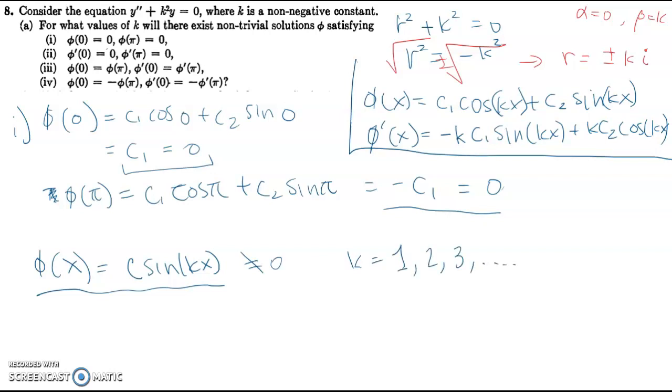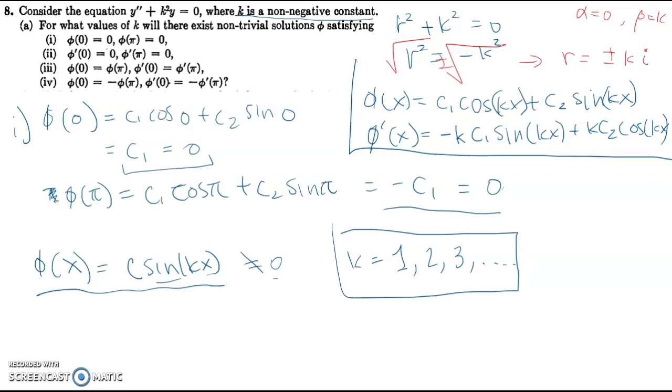It's just that it can't be 0, because having 0 will get us sine of 0, which equals 0. That's going to give us a trivial solution. We also cannot have negative numbers because it is defined that k is a non-negative constant. So this is our answer for part A.